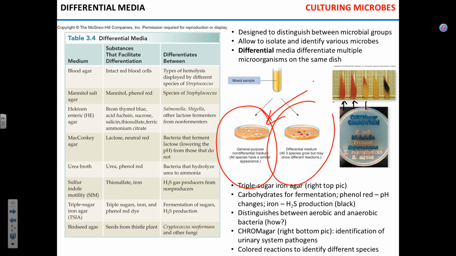Here, you see the change, right? pH changes, and the color of phenol red changes from red to yellow. And you can see a little bit of red on top. What does that mean? There's no growth on top, right?